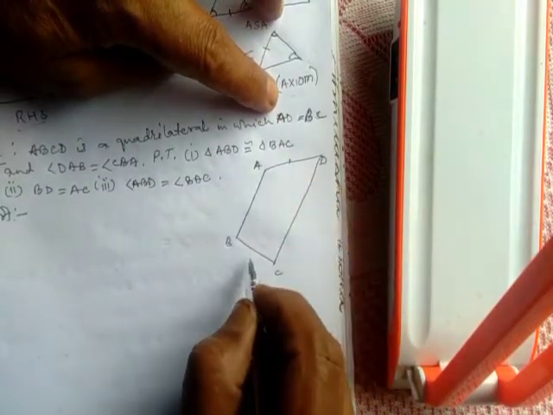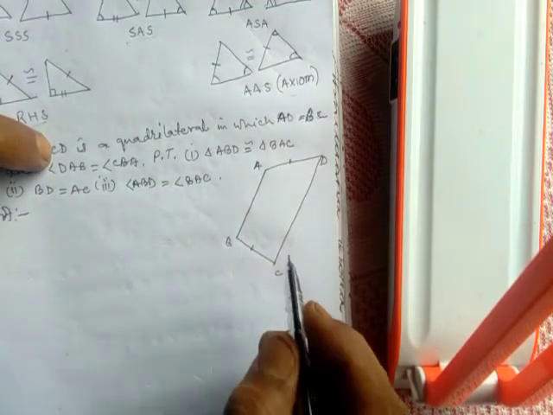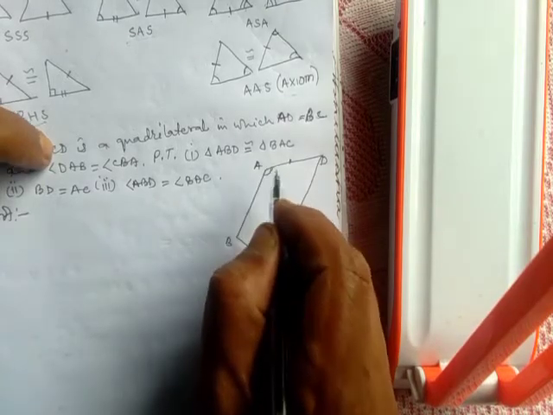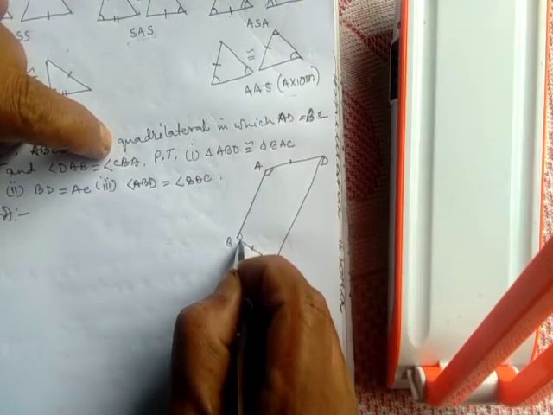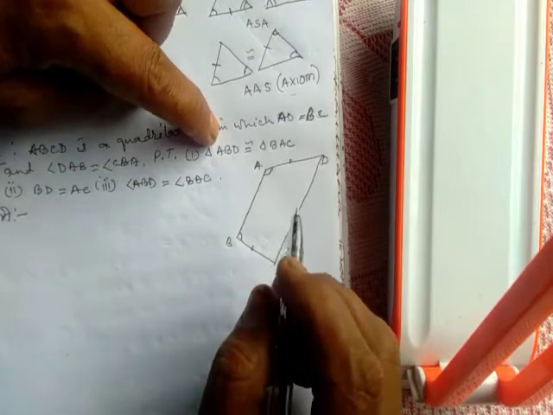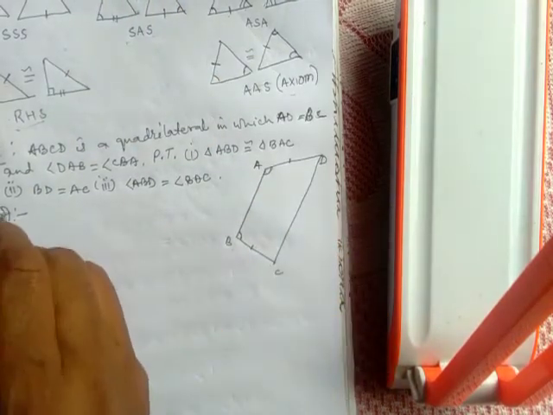AD and BC are equal. And DAB, this angle, is equal to CBA, this angle. These two angles are also equal. You have to prove ABD.